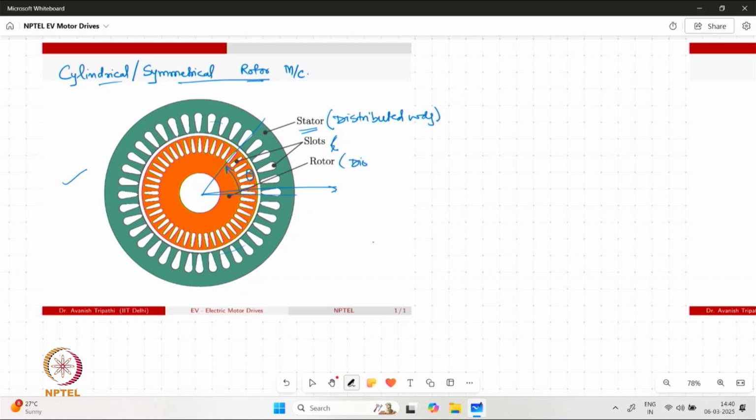There may be distributed winding, same as the stator, or there may be rotor bars, as we have seen in the case of a squirrel cage induction machine, or there may be permanent magnet in the case of a permanent magnet synchronous motor. So we are taking a general case of such a machine and trying to model it. First we will see the equivalent circuit, how it can be drawn, and then we will go for the mathematical model of this structure.